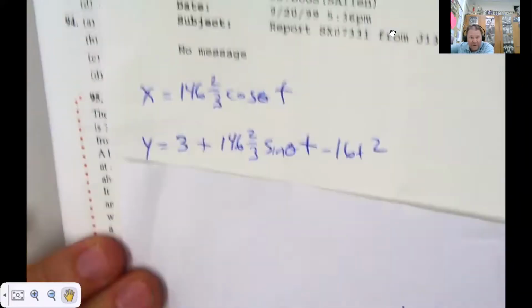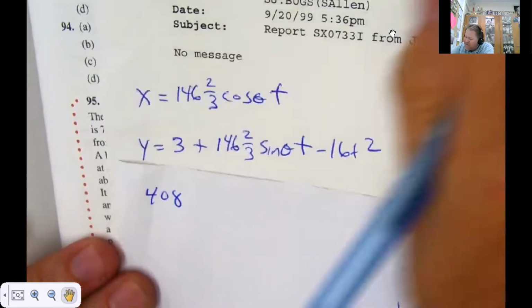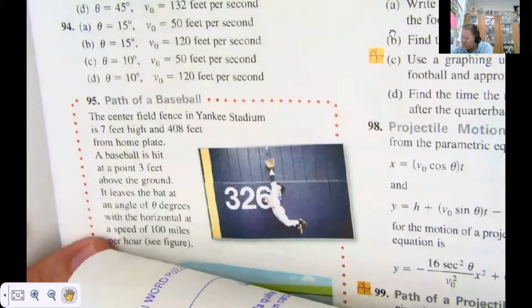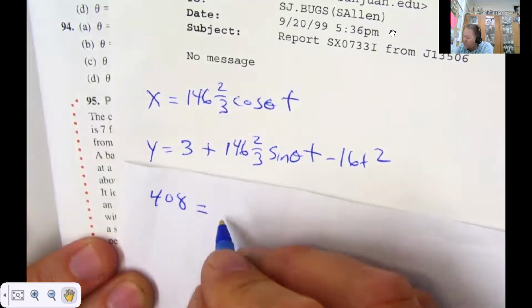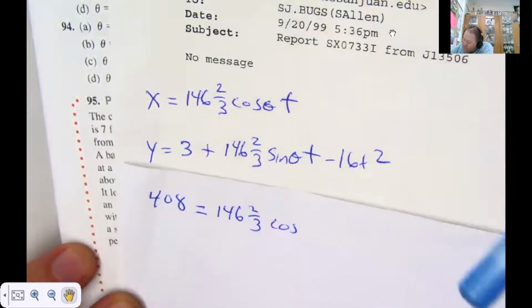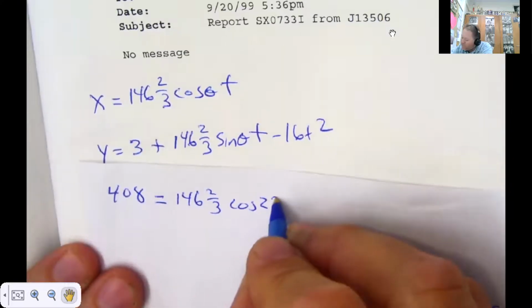Okay, it says, what if it was at 23 degrees? Here we go. So that would be, is the ball going to go 408 feet? I'm not sure if it did 407 last time. Whatever, it would have come out pretty close to the same. 408 wouldn't have been a home run. 146 2/3 cosine of 23 degrees, I think it was. Yep, cosine of 23t.